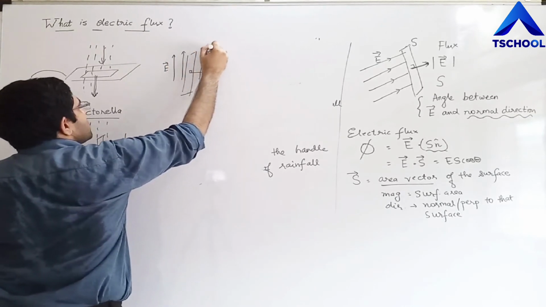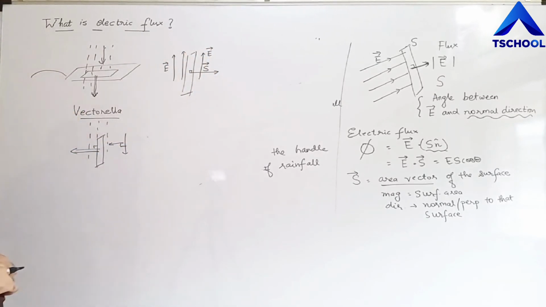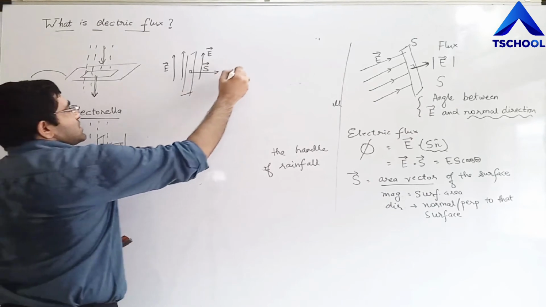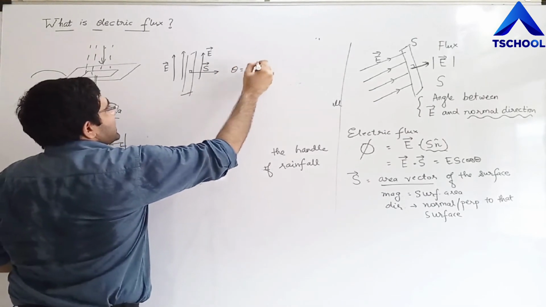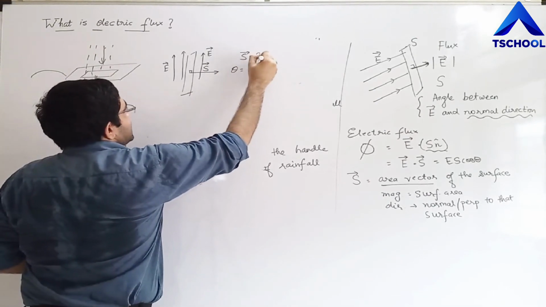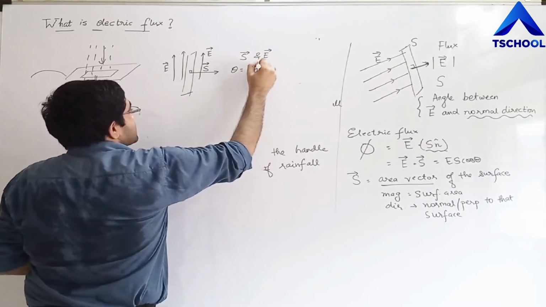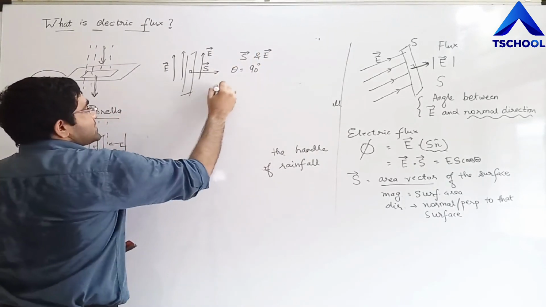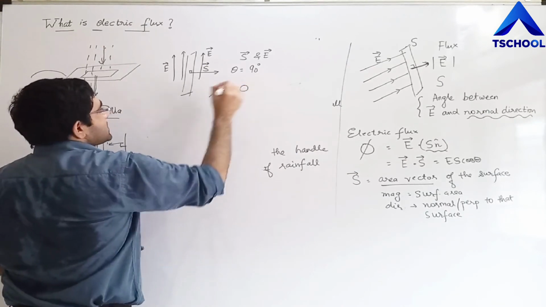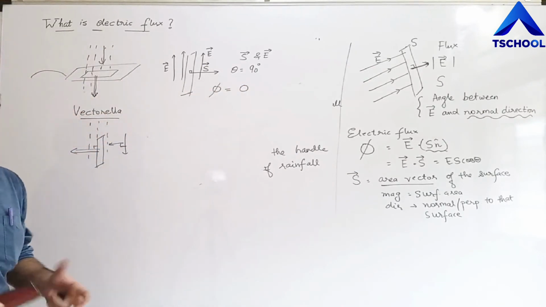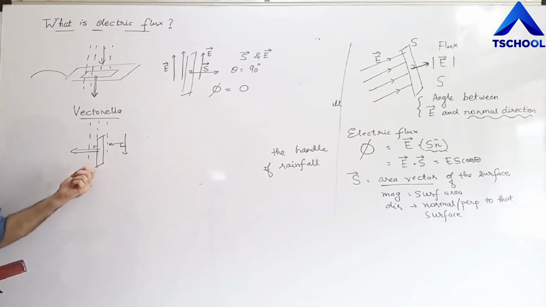So this is a uniform electric field in that direction, parallel to the surface. In such a case, the angle theta between S vector and E vector is 90 degrees, so the flux through the surface is 0, right? This is exactly the case like this.